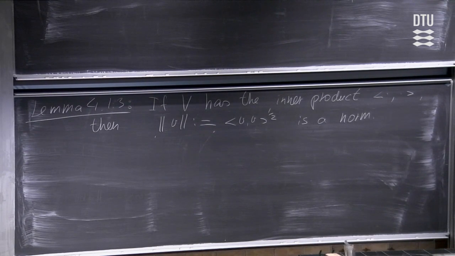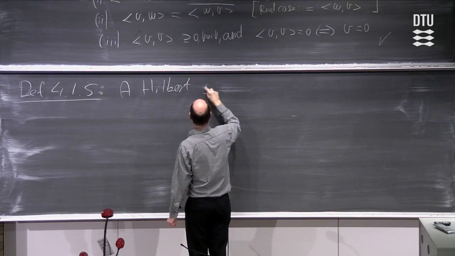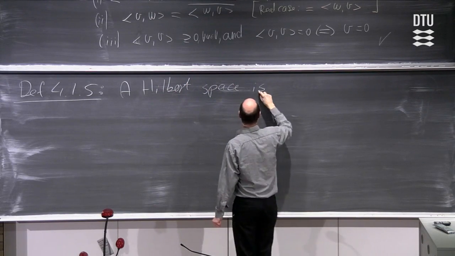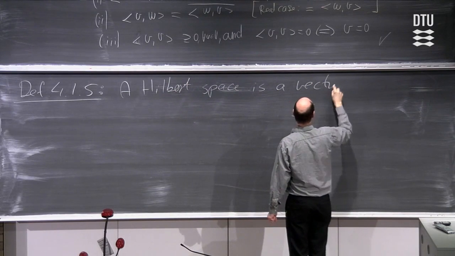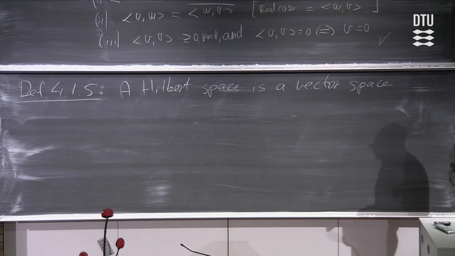So what it says is a Hilbert space is a vector space that is equipped with an inner product.